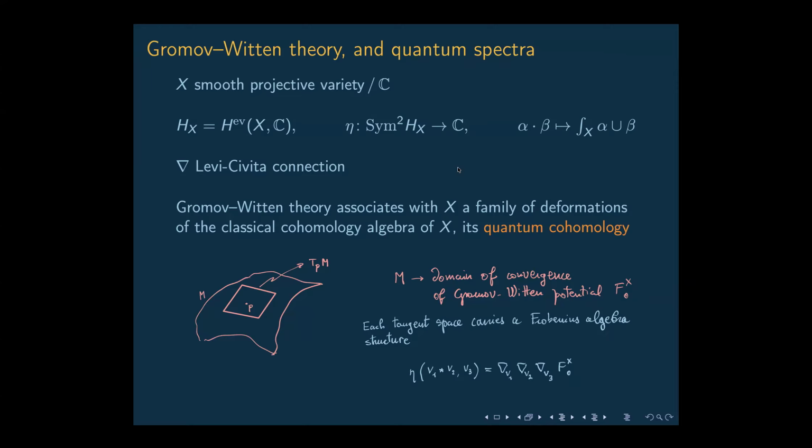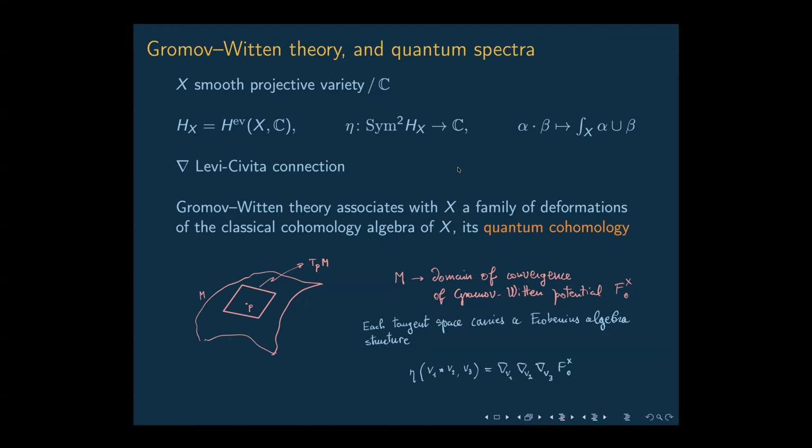Of course, one can deal with such a generating function from a formal point of view, but actually today I will just focus on cases in which such a generating function, the so-called Gromov-Witten potential, is actually convergent. And I will denote by M the domain of convergence of this Gromov-Witten potential.